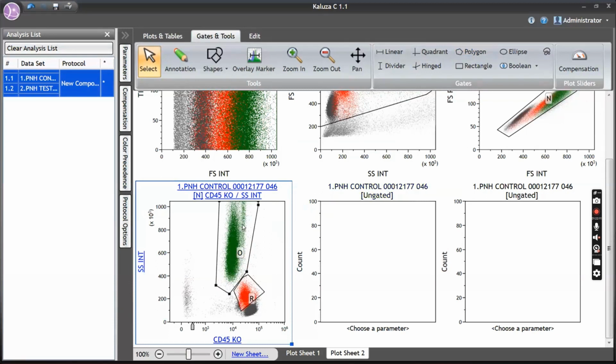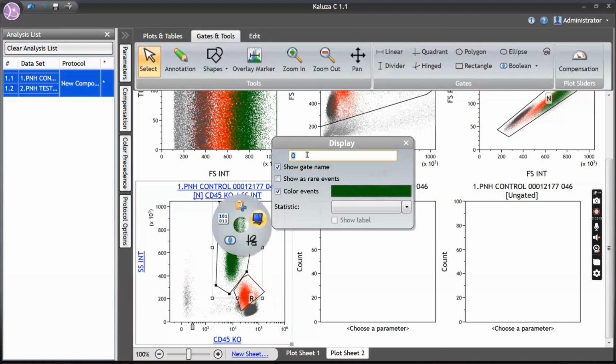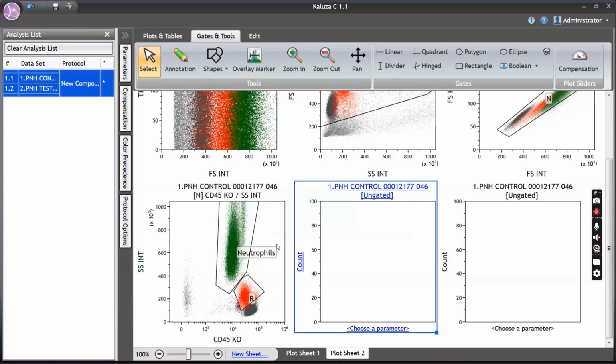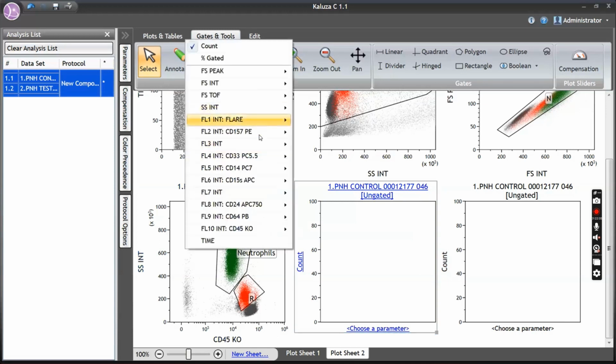Now let's start with neutrophils. Even that is not pure neutrophil, but I have to refine it. This is an 8 color single tube assay for PNH on WBCs.